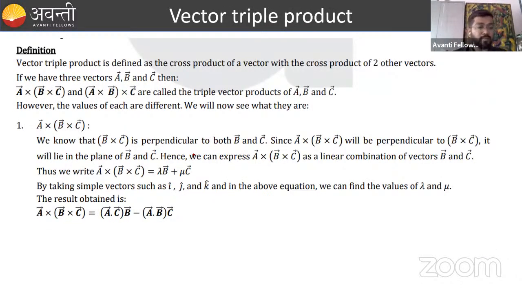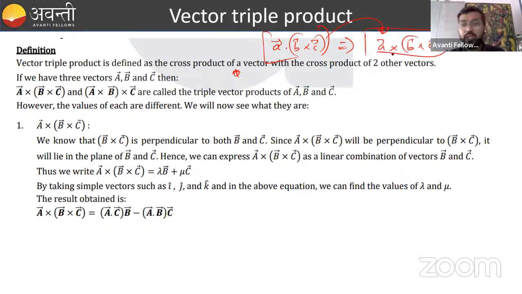Definition of vector triple product. So vector triple product is defined by, in scalar triple product, it was a bar dot b bar cross c bar. For vector triple product, this gets changed to a bar cross b bar cross c bar, right?